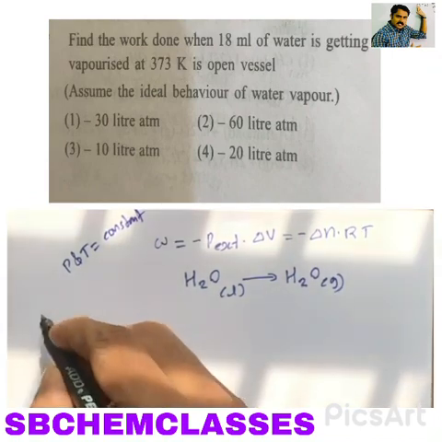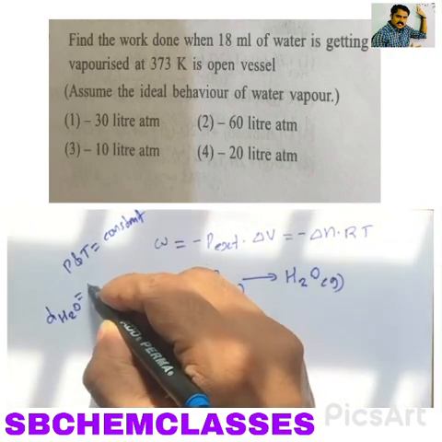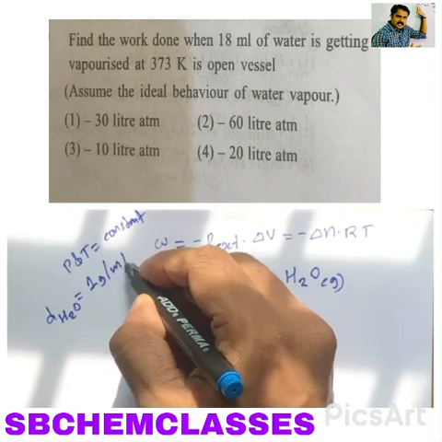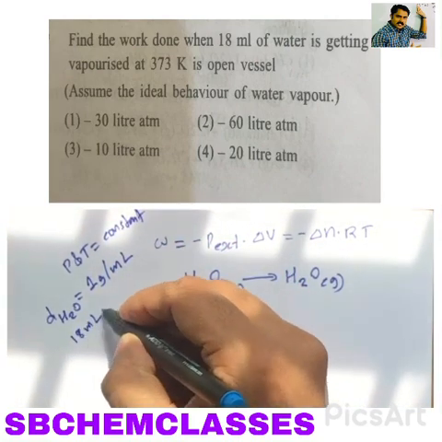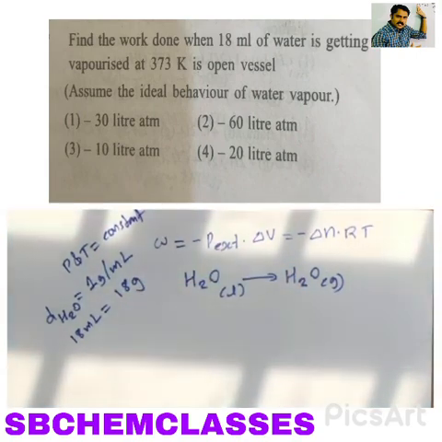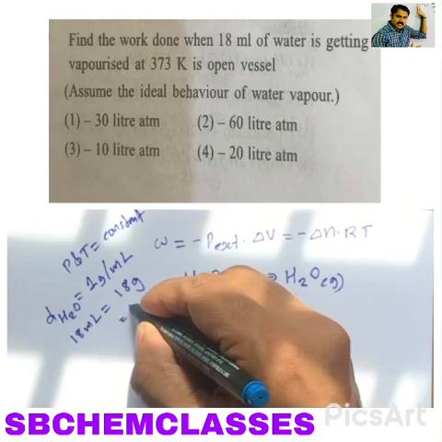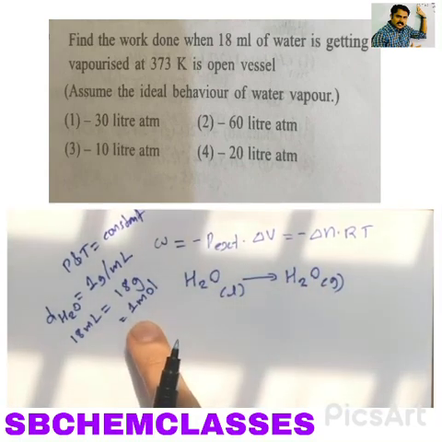We know the density of water is 1 gram per milliliter. So 18 milliliter water will be 18 gram. 18 gram means 1 mole water.